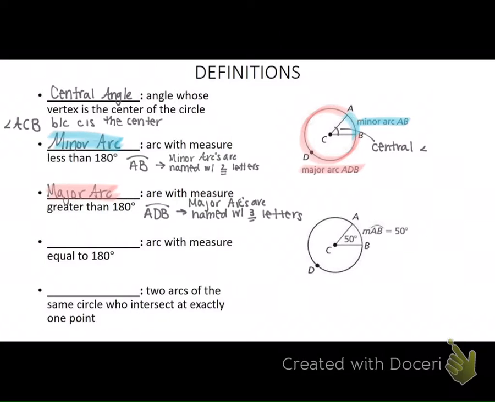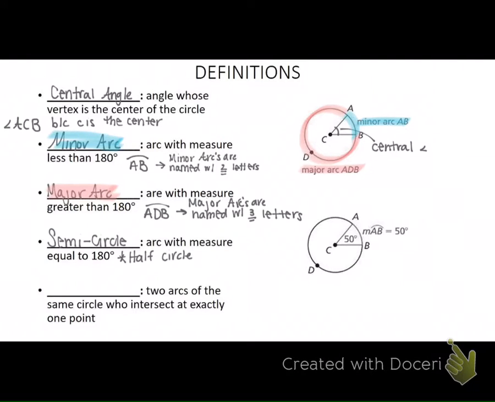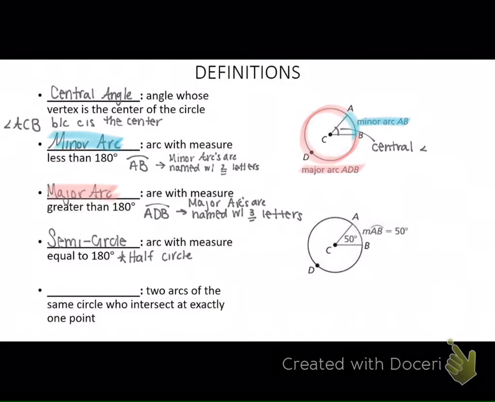An arc with a measure equal to 180 degrees is half the circle, so we call that a semicircle. And this can be named with one or two or three letters. It really doesn't matter when it is a semicircle. I think you mostly see it with three letters, but it could go either way.